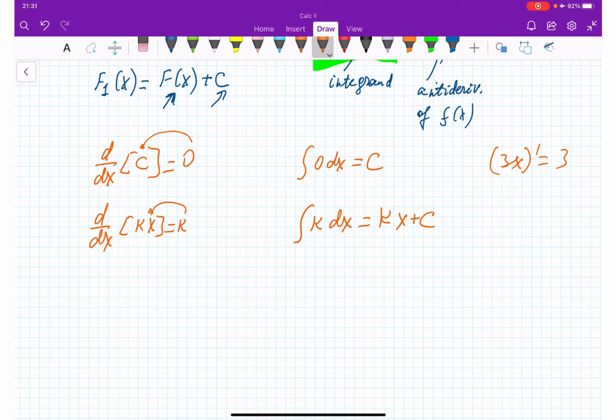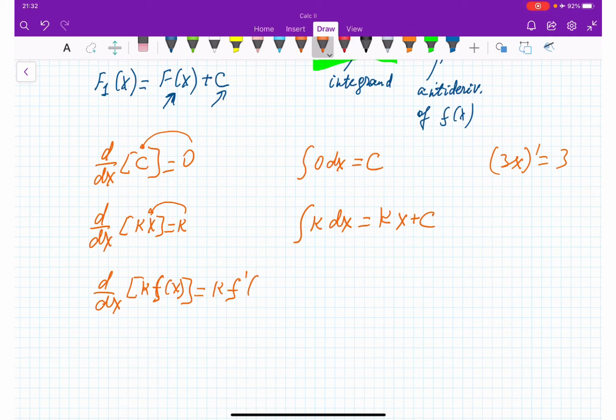If we have the derivative of a function with a constant, d by dx of k f of x is equal to k f prime of x, since we don't know what the function is about.